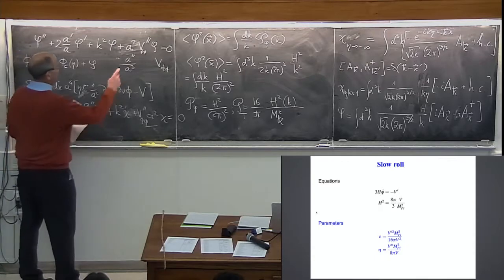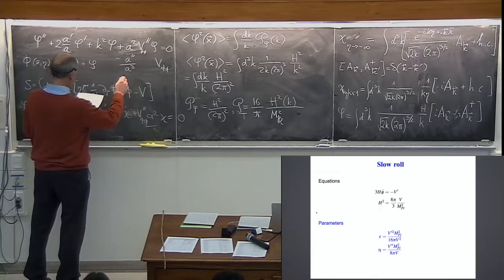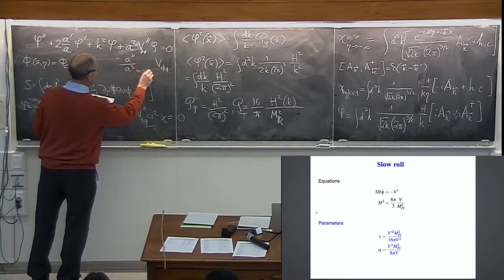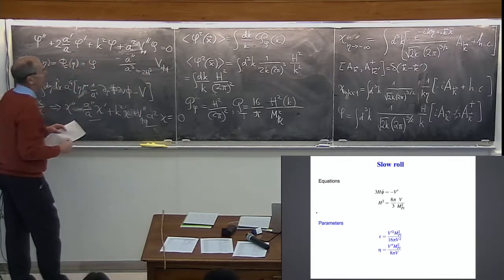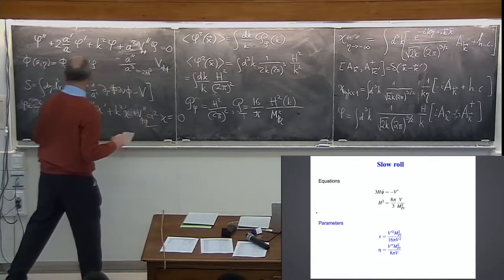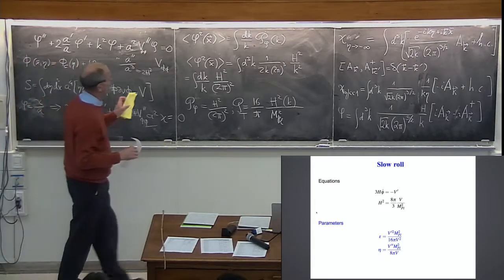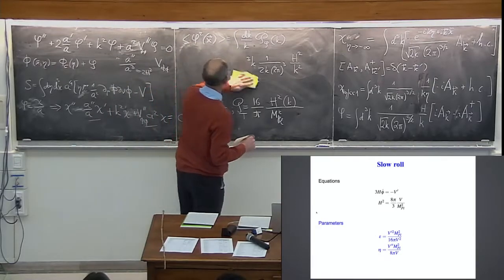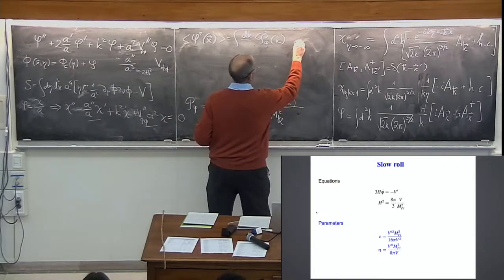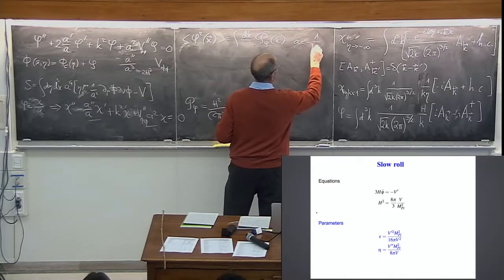And this you can easily convince yourself is equal to 2H squared, since my a is minus 1 over H eta.